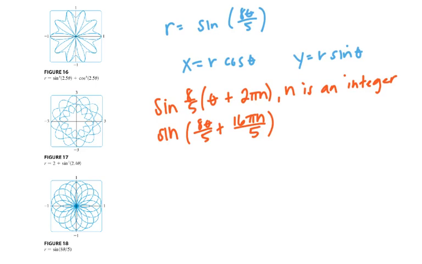So how many complete rotations do we need before we start to repeat itself? If we look at this, it tells us that it has to be even multiples of pi, like 2 pi or 3 pi. So this first happens when n equals 5. If you think about that, 16 is not divisible by 5.